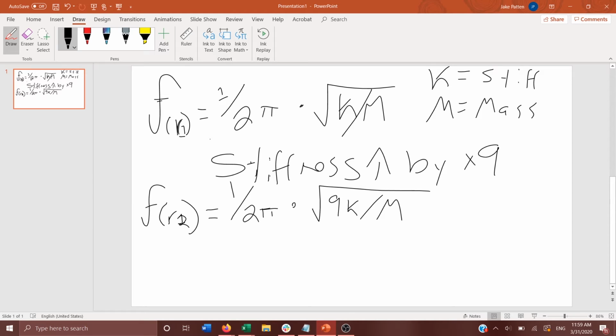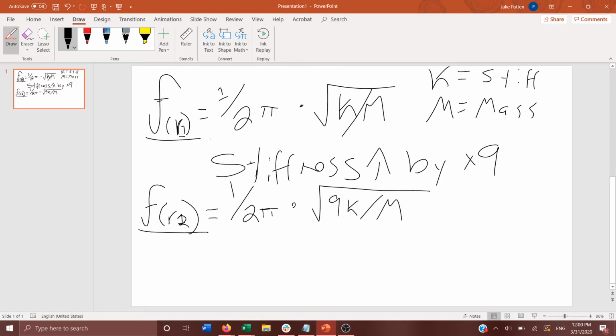Now, you could go all the way through this and figure some stuff out and cancel things out, because what you want to do is solve for the equation for FR2 to make it look like FR1, and then you're going to have a number left over.